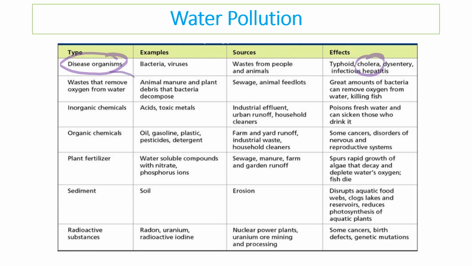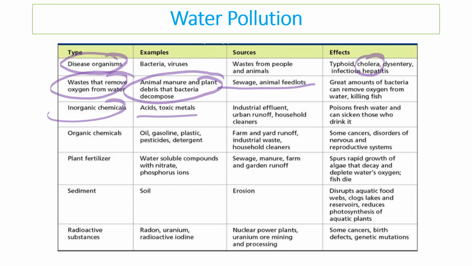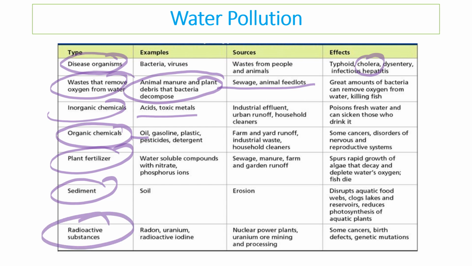Waste that removes oxygen from the water, such as sewage and manure, will often take the oxygen out, killing the fish. Then there are inorganic chemicals such as acids and metals from industry; organic chemicals, where oil is classed as an organic chemical; pesticides; detergents; and fertilizers, which cause eutrophication. There is also sediment from where trees have been chopped down, which causes erosion and sediment to enter the water, and radiation from power stations, for example.